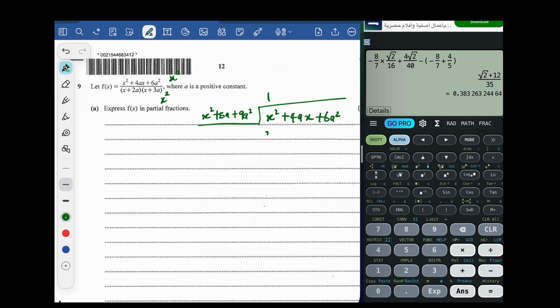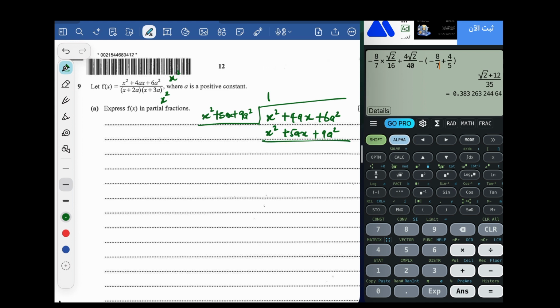So same thing, x squared plus 5ax, this x is here, ax plus 9a squared. So this cancels, so that will give me minus ax, then minus ax, right? Sorry, this is 6. Where did I get 9 from? So this is 6.